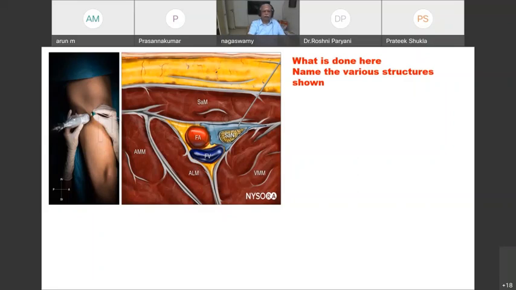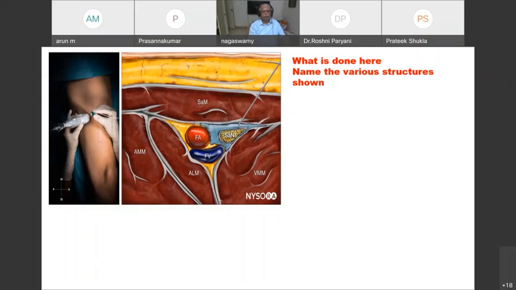And can you name the various structures which are given in short form here? Yes, sir. The boat-shaped top muscle is the sartorius. The short form alphabets, you can expand. Yes, sir, femoral artery and femoral vein, and usually on the lateral aspect of the femoral artery will be the saphenous nerve, sir.